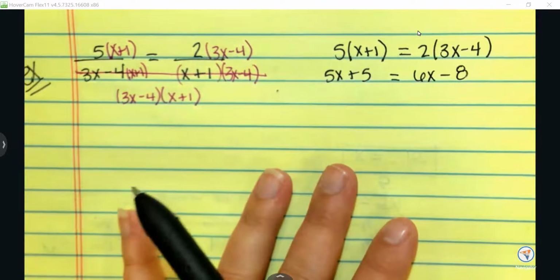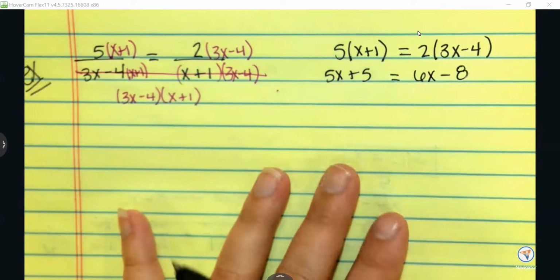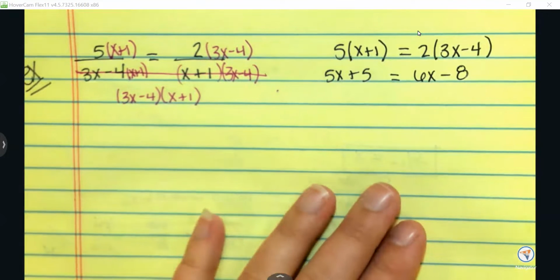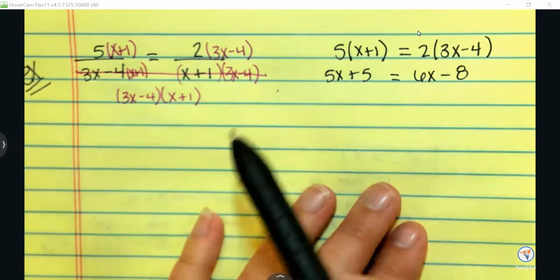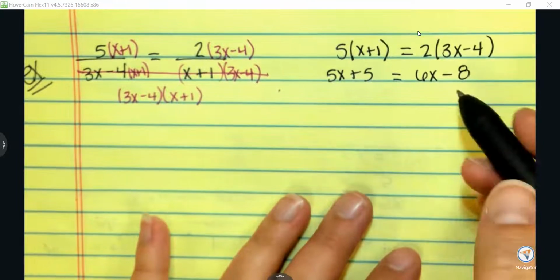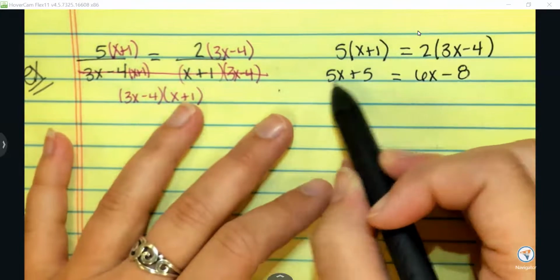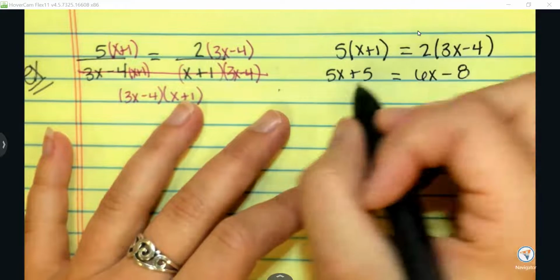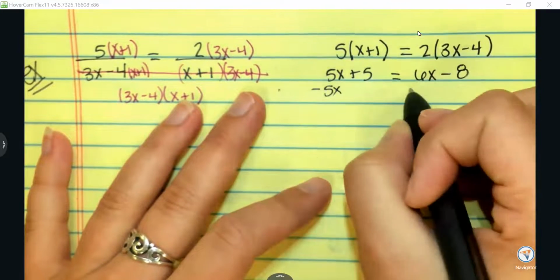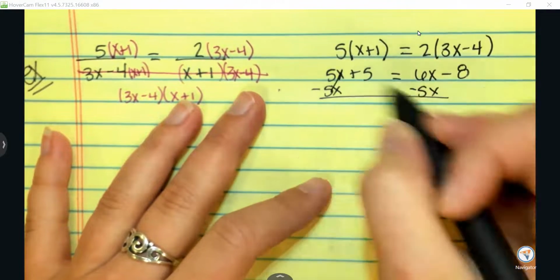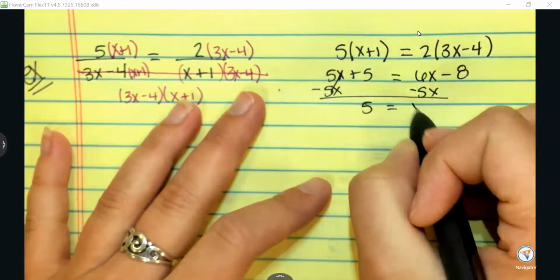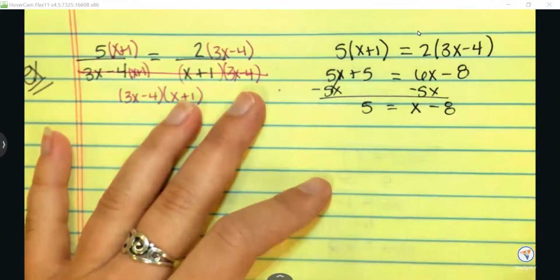All I did is distribute those numbers in front. Now we are just plain Jane solving. So what do you want to do first? Okay, so let's move the 5x over. How do I move a positive 5x? Minus 5x. So that would give me 5 equals x minus 8.